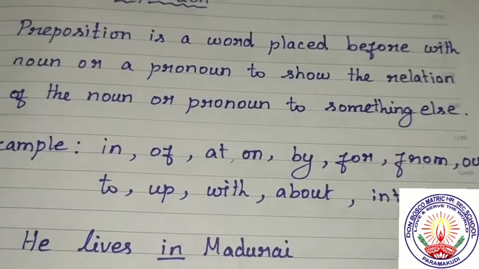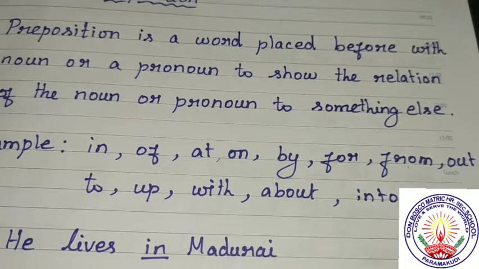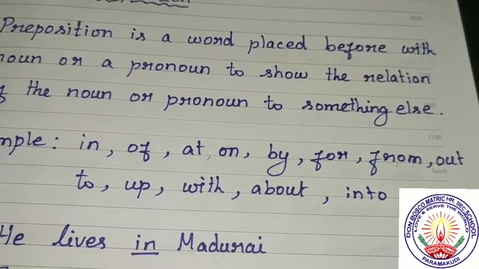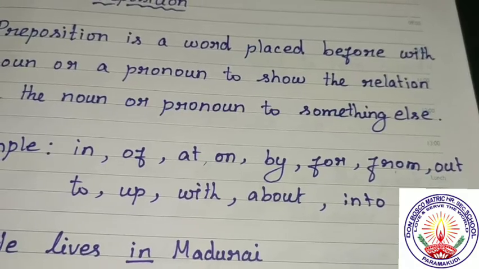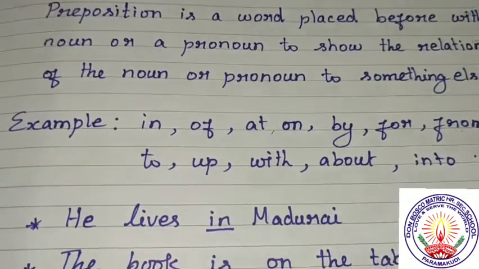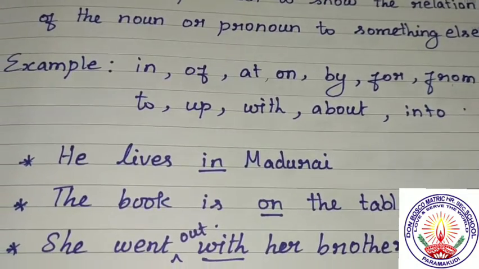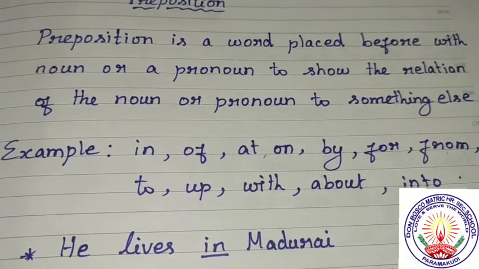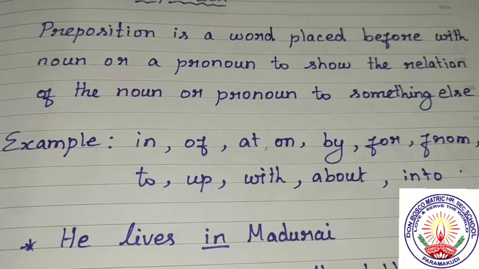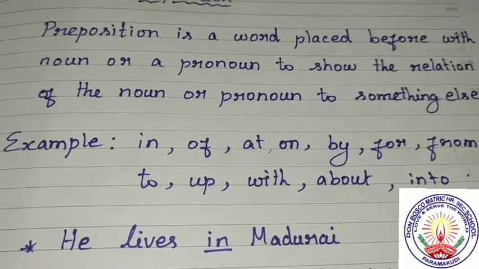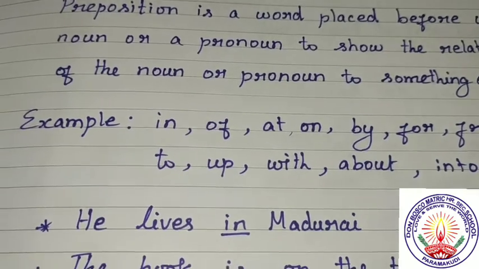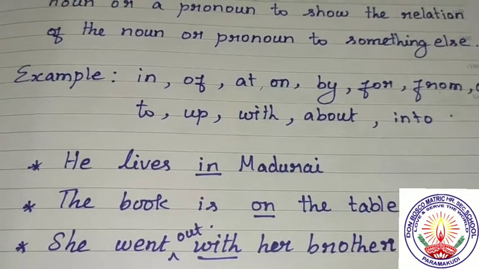For example: in, of, at, on, by, for, from, out, to, up, with, about, into, and so on. Here are some examples. He lives in Madurai. The preposition refers to location, time, and position, the position of the noun.